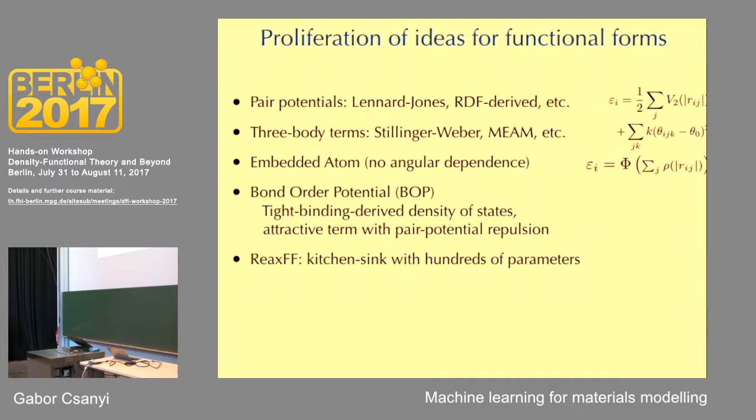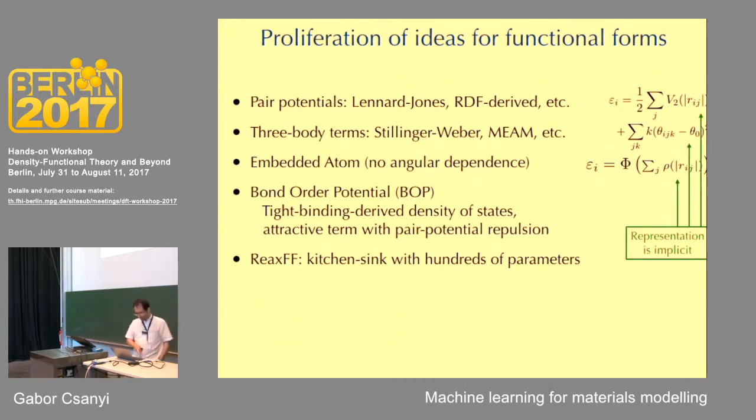One of the best potentials for even materials and organic molecules out there with a long history is called ReaxFF. It's basically an attempt to gather everyone's attempts in the past 3 decades and try to cook something up with many, many parameters that approximates the real potential energy surface.